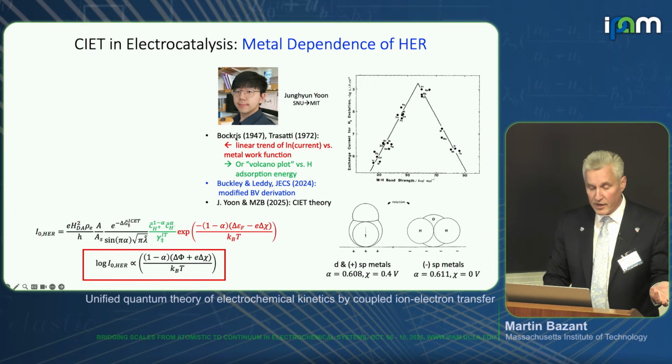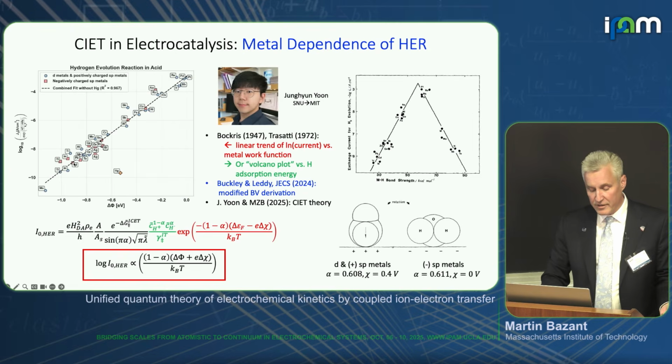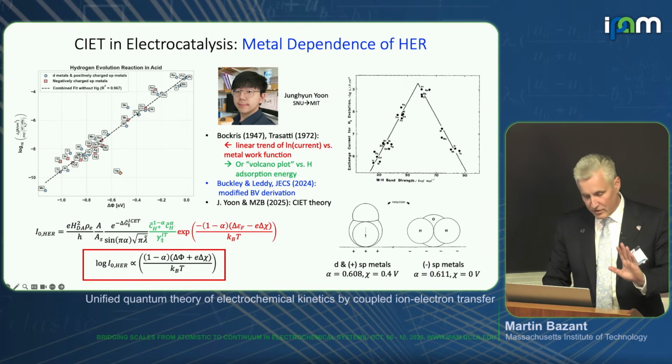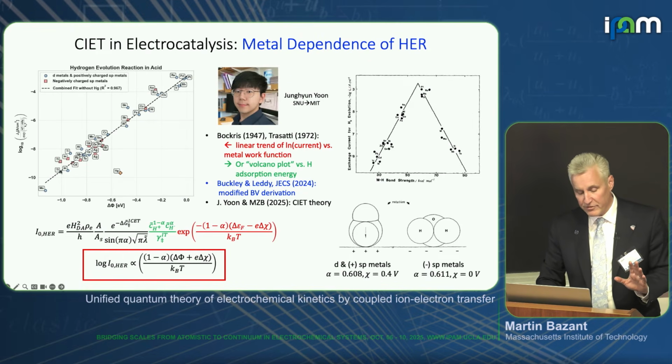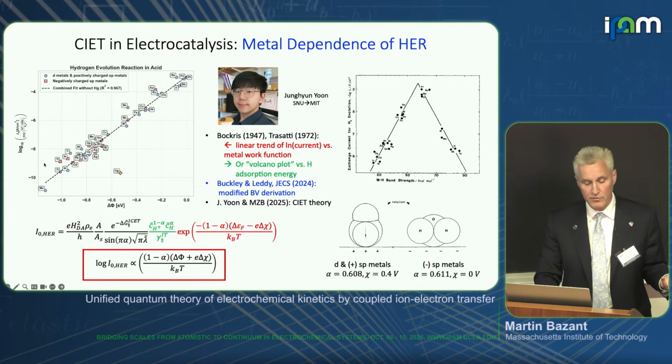One of them is this: Bockris, the same Bockris I mentioned earlier, already in the 1940s noticed that there's a pretty strong trend. This is a collapse of data I'll explain in just a moment, but basically if you plot the hydrogen evolution reaction rate versus the metal work function, there's a pretty nice dependence, sort of an Arrhenius dependence. So it's log of the rate versus the metal work function.